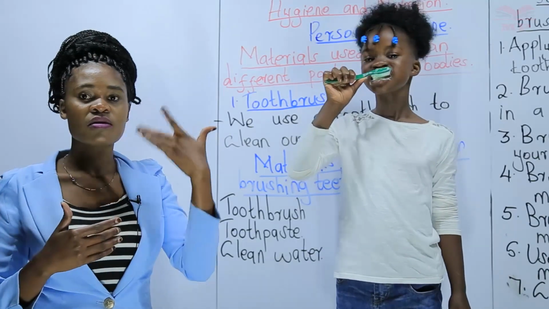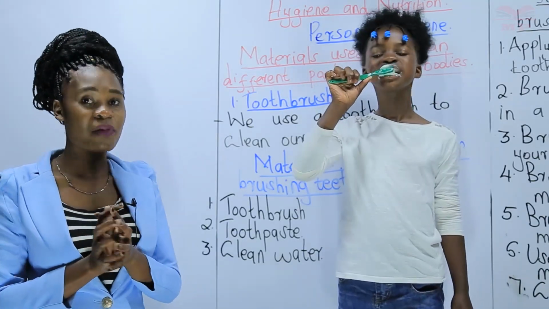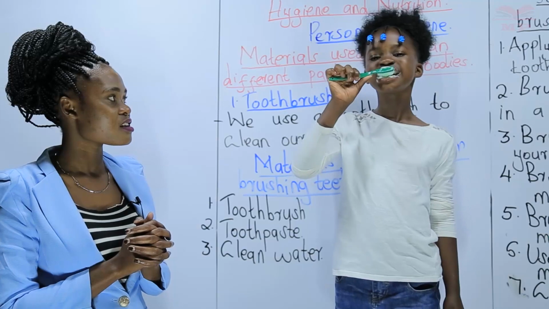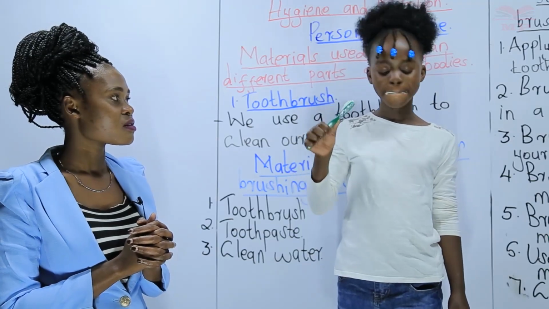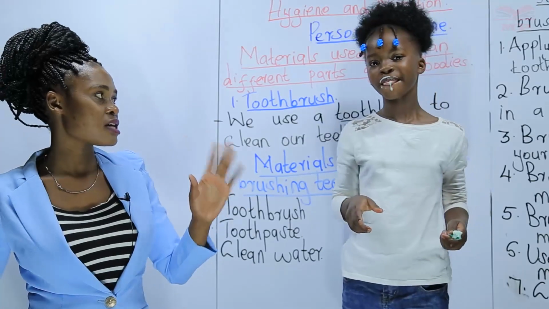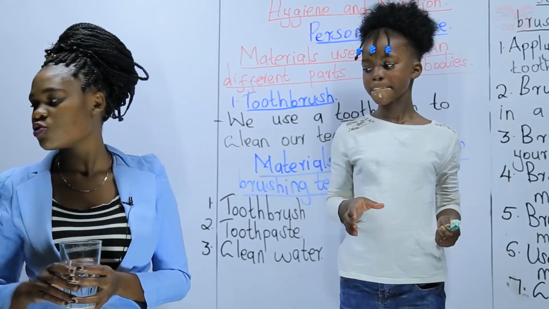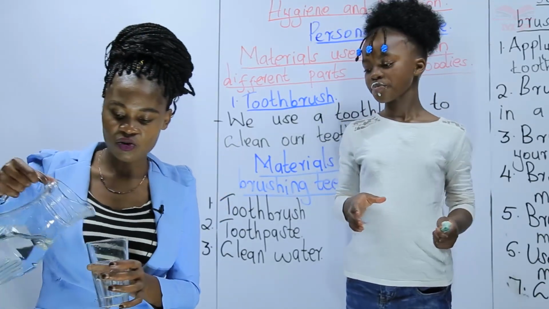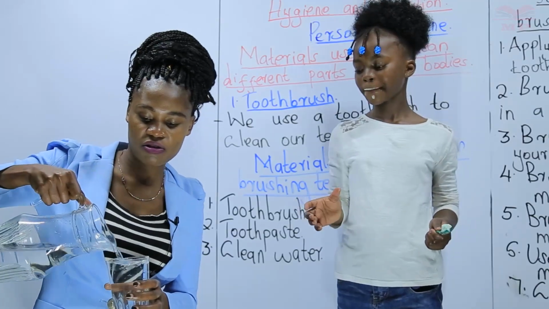Then the front part of your mouth. So after you brush the lower side, both sides of your mouth and the front part, you now use clean water to rinse your mouth.